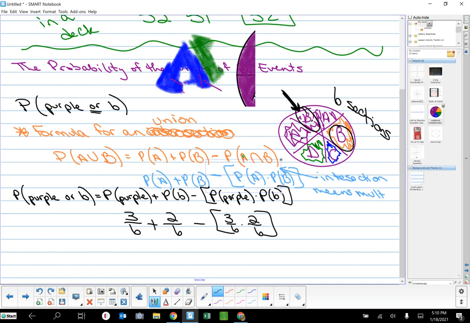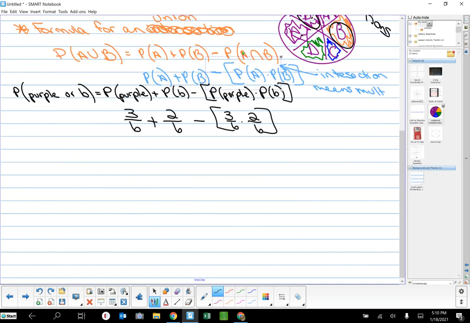Well, when I did this, I did the 3/6 plus 2/6. Well, this is 5/6. And then I multiplied, and that's actually a 1/6. 5/6 minus 1/6 is 4/6. And then I reduce that to 2/3. And that is the probability of it being purple or a B.